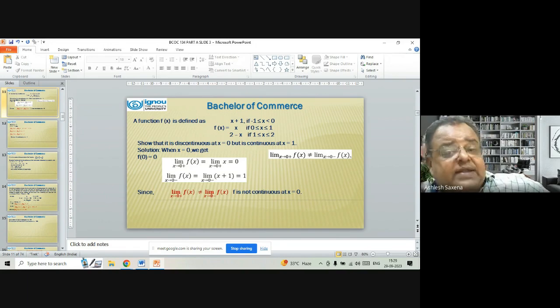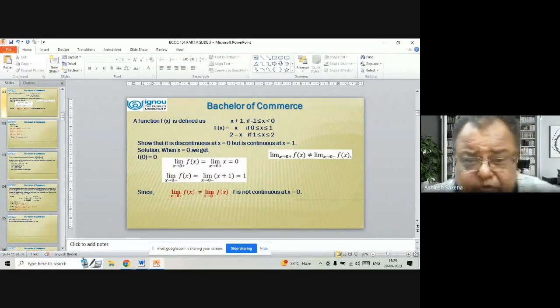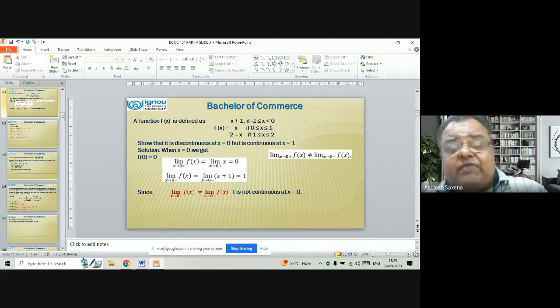The second condition is x if 0 is less than x less than or equal to 1. And the third condition is 2 minus x if 1 is less than or equal to x less than or equal to 2. So what are we supposed to do? We have three functions. We have to check that the function is discontinuous at x is equal to 0, but it is continuous at x equal to 1.